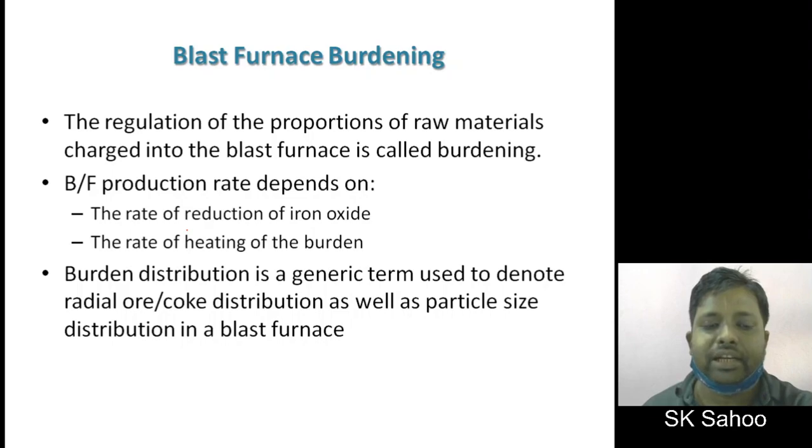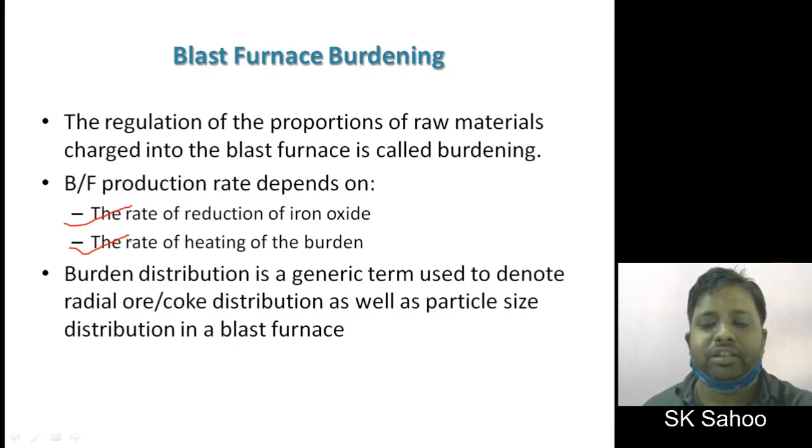The production rate of a blast furnace is directly determined by two factors. One is your rate of reduction of iron oxide, another is your rate of heating of the burden. These two factors are related to the quantity of blast that goes through the furnace and depend upon the degree and time of contact of the gases with the burden.